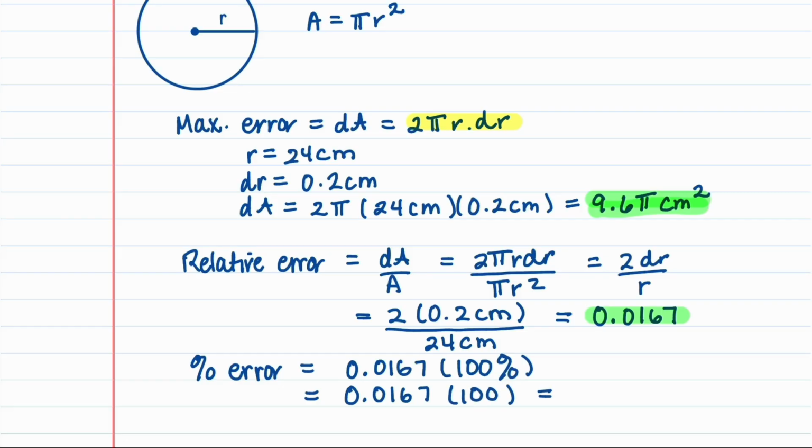And that gives us a value of 1.67%. So this calculation tells us that if the error in our radius is 0.2 centimeters, the percentage error in our area is 1.67%.